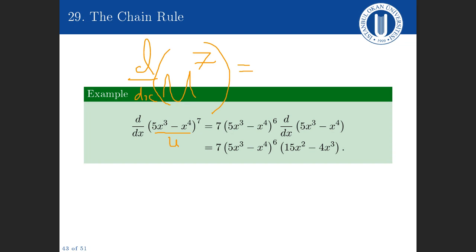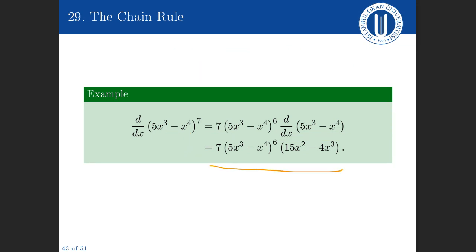And we know that's 7 u to the power 6 multiplied by du dx. So 7 times 5x cubed minus x to the power 4, to the power 6, multiplied by d dx of 5x cubed minus x to the power 4. And I'll leave the final answer for you to check.